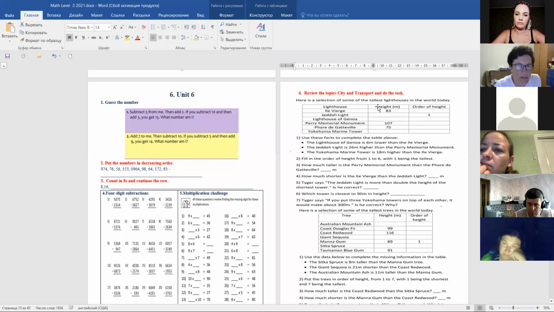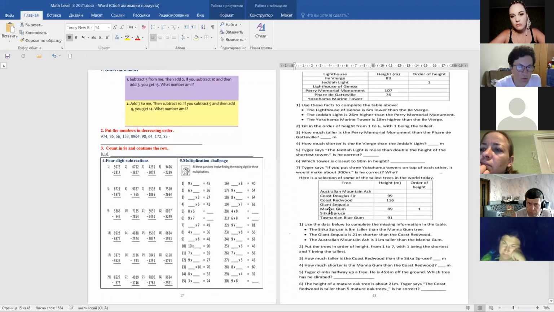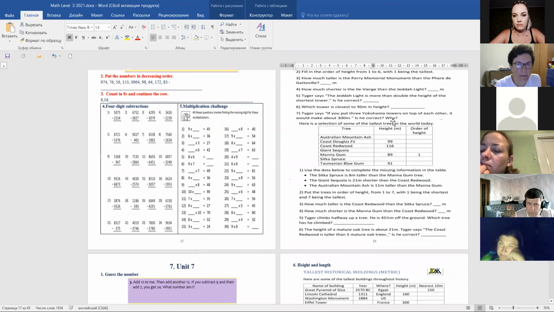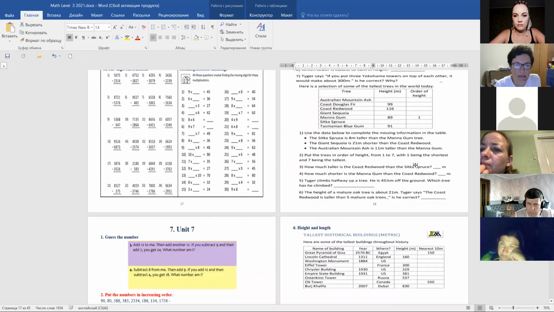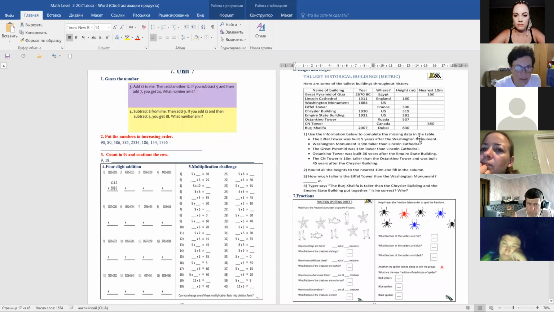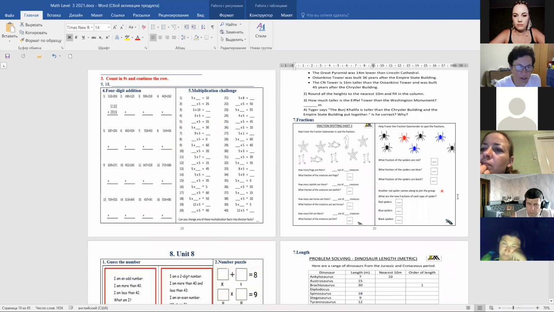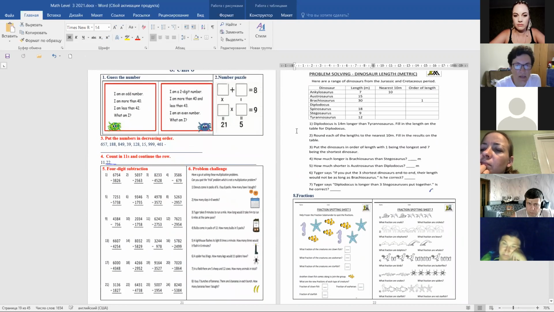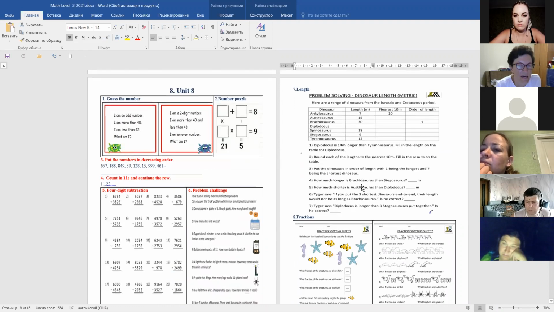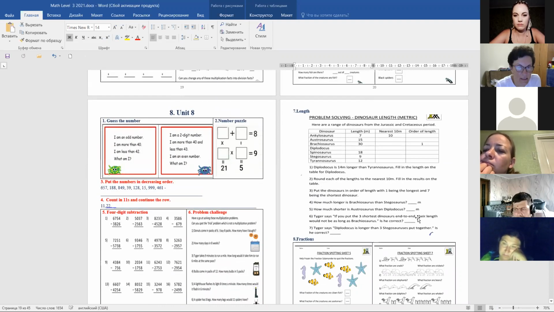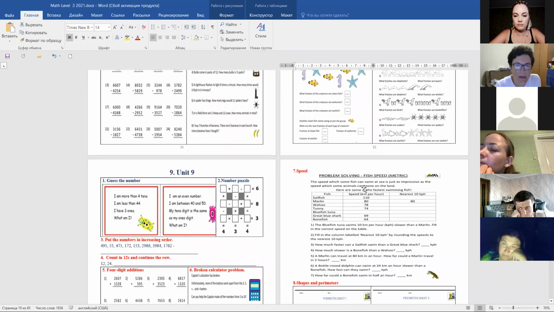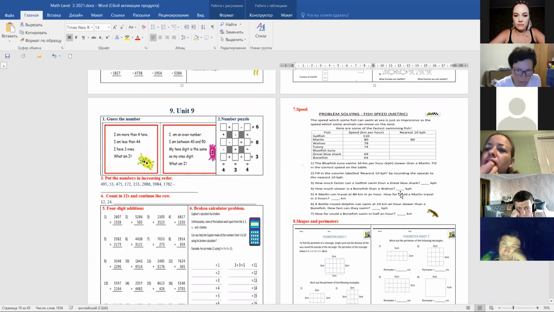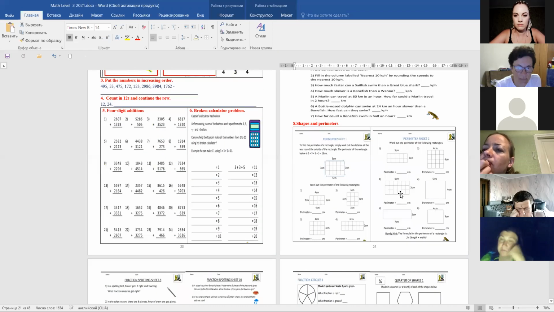After we review topics city and transport, we can do the length or the height of the buildings. The tallest building, again fractions. Then dinosaurs and how long each dinosaur was. Then fish speed, it's already speed.